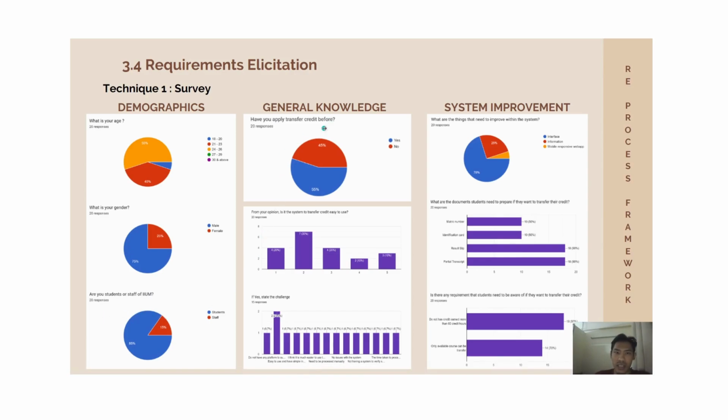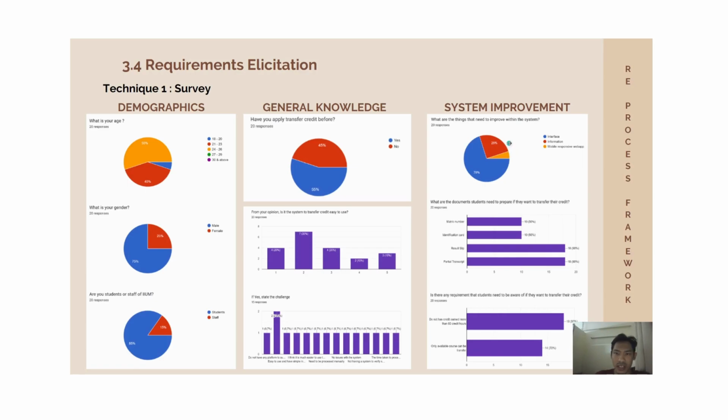And then we ask them about general knowledge, like transfer credit experience, or their opinion of the current existing systems, and the identification of the difficulties of the transfer credit system.